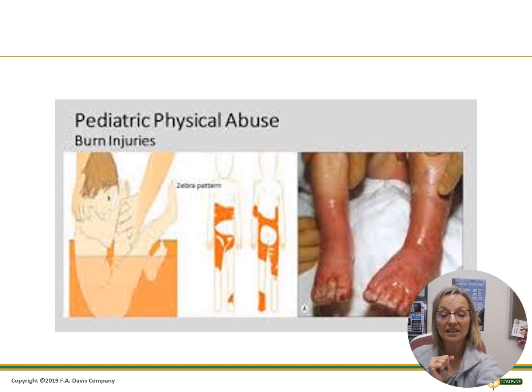Also, it has what they call striping because of how the skin is whenever they put them down. But this baby in that first picture is going to have that demarcated line all the way across because of that immersion. Now remember, anytime that you have any suspicion, you need to report it.